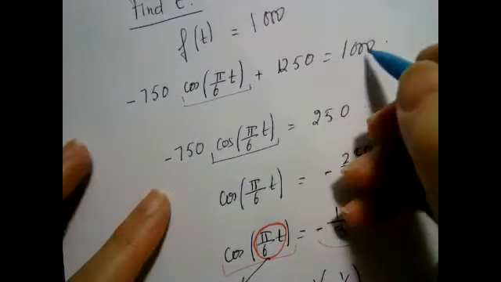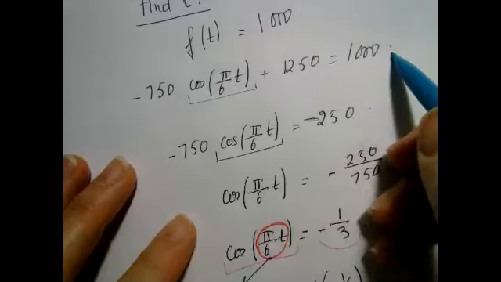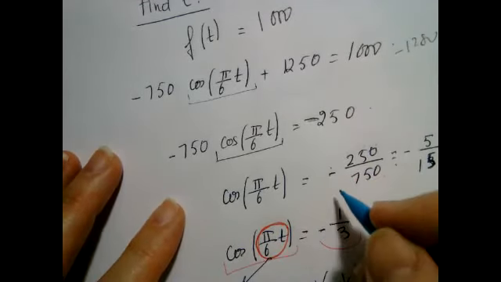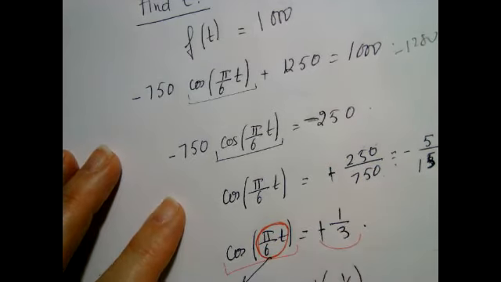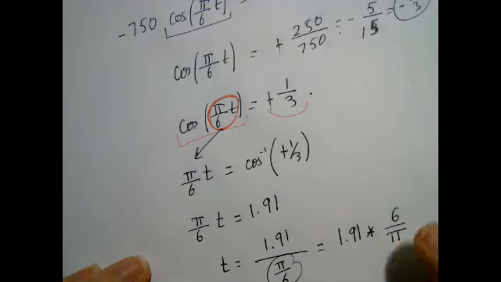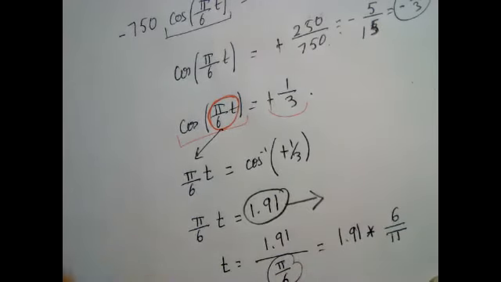All right, 1,000, this should be a minus. That's where the mistake is. When I took 1250, this should now be a plus. That should be a plus. You guys should be watching. That should be a plus, okay?